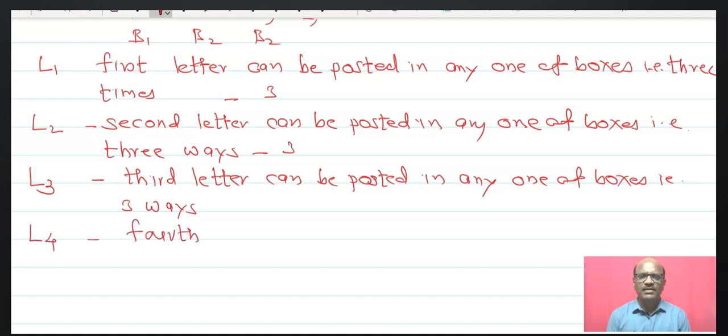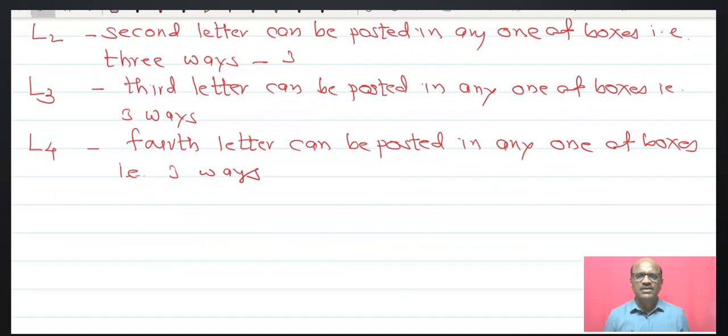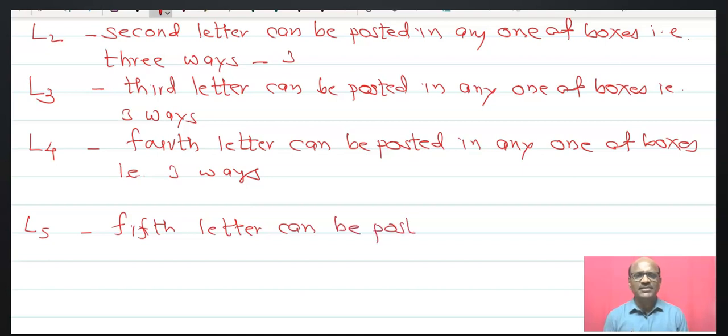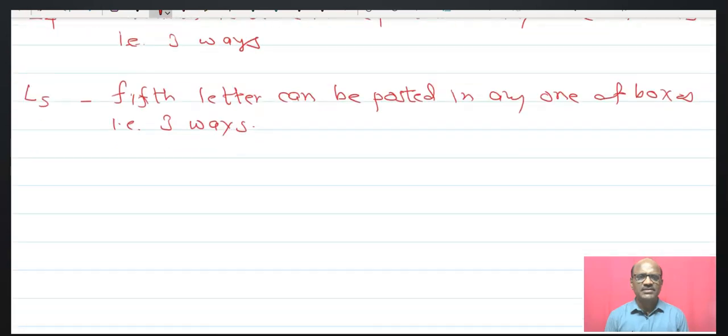L4, the fourth letter, can be posted in any one of the boxes. That is again 3 ways. And L5, the fifth letter, can be posted in any one of the boxes. That is 3 ways.